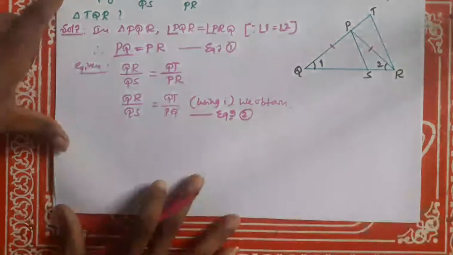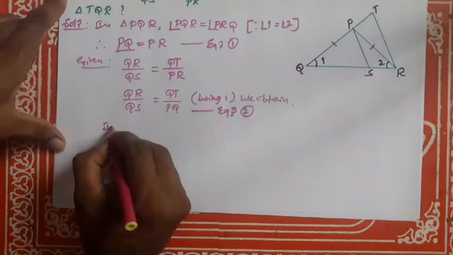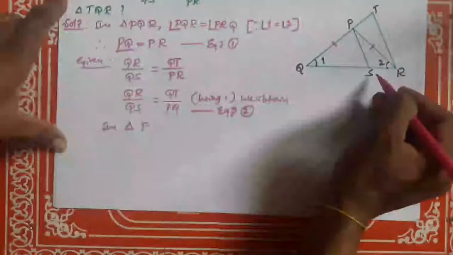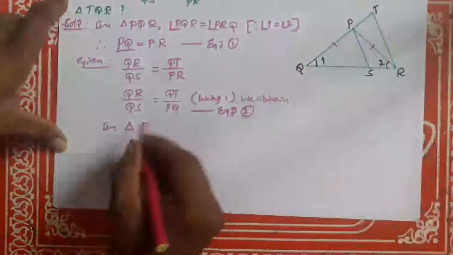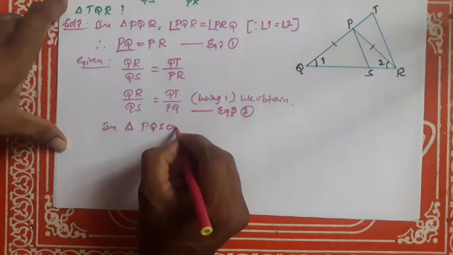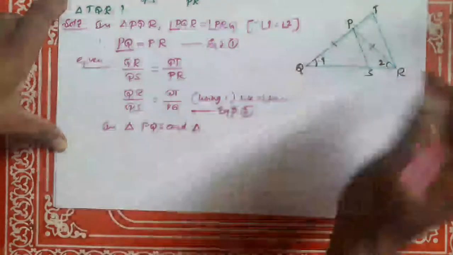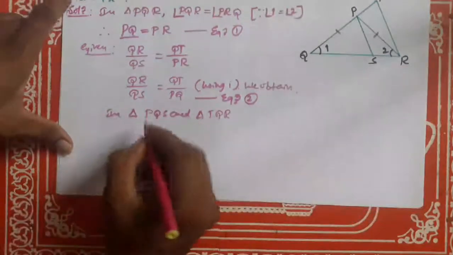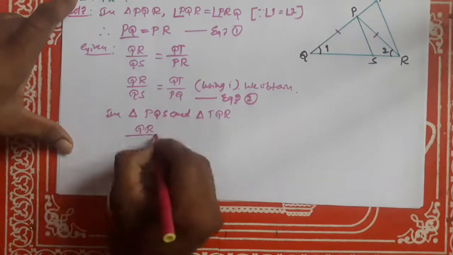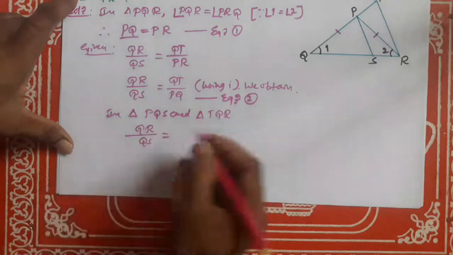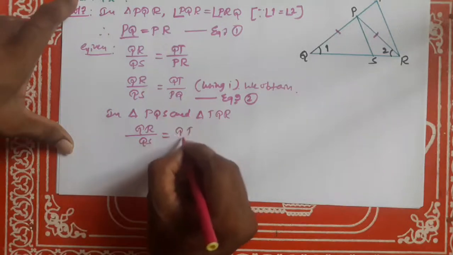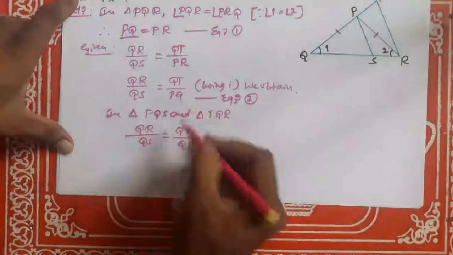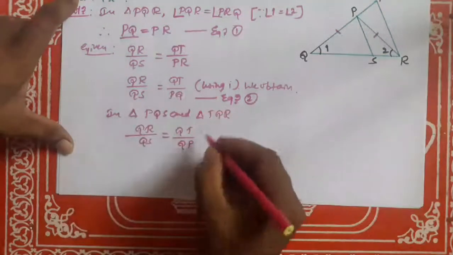Take it as equation 2. In triangle PQS and triangle TQR, QR by QS is equal to QT by PQ, or you can write QP, by using equation 2.